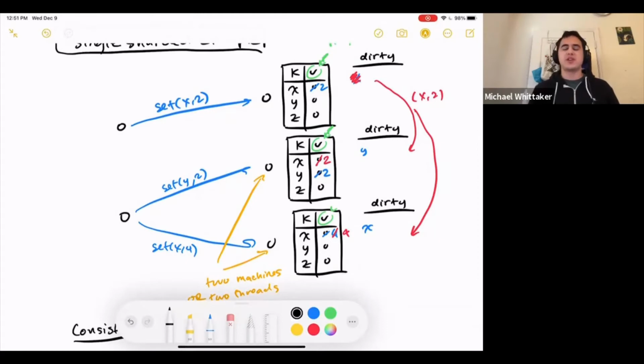The cool thing about Anna is that because we get to plug in any lattice we want, we could choose integers with max, we could have sets with union, we can do timestamps, we can do some vector clock stuff. We can change the consistency level of the system without having to change the system. We just change the lattice. It's a pluggable thing, and depending on which lattice I choose, that is going to determine what consistency I get.